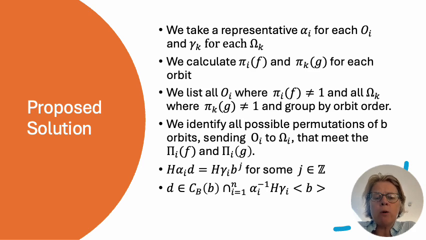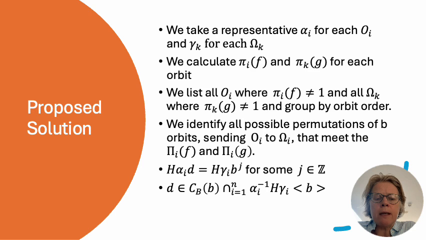What we're looking for is a permutation that takes O i to omega i, where O i and omega i have the same orbit order, and pi i f either equals or is conjugate to, as appropriate, pi i g. That is equivalent to saying that H alpha i d equals H gamma i b to the j for some integer j.